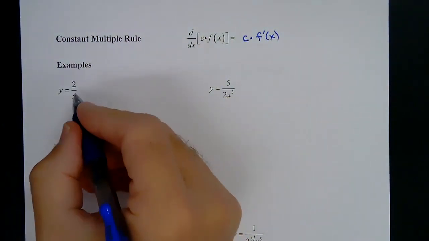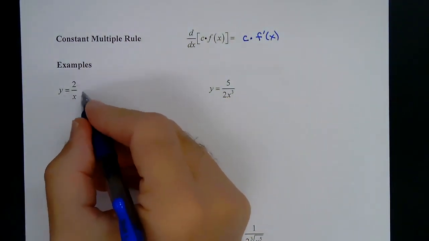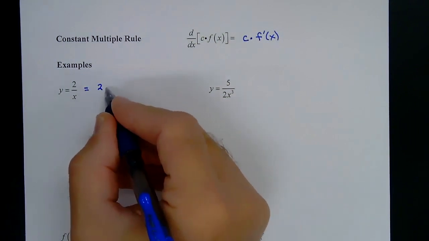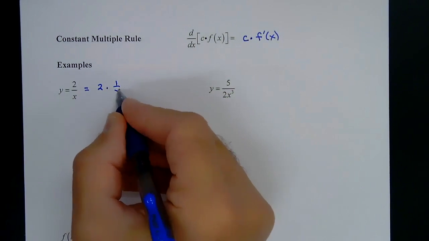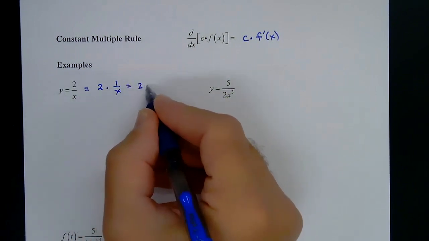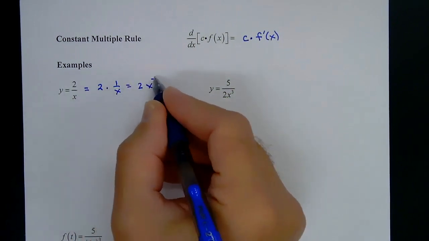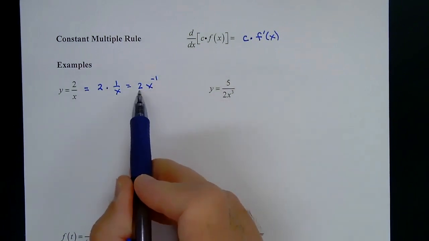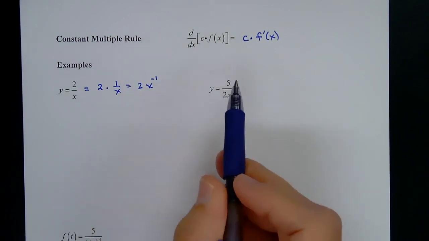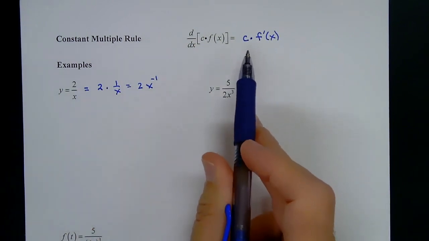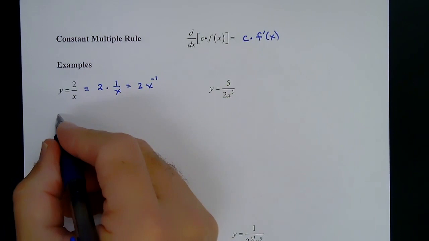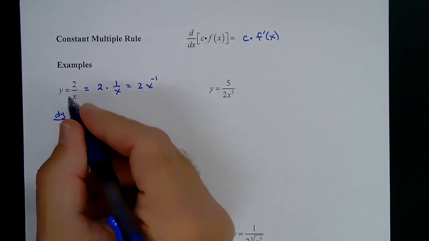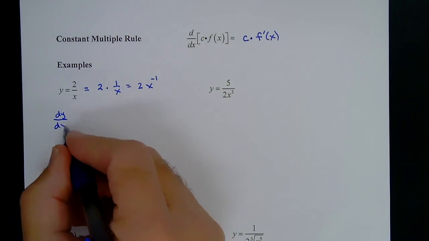So what does that mean for this? Okay, so y equals 2 over x. We would need to rewrite this as 2 times 1 over x, which becomes 2 times x to the negative 1. So here we have x to a power, but we're multiplying it by a constant. All right, so that's where we need to use the power rule along with this. So when we take the derivative of y, because it's written in y form, I'm going to write dy over dx.